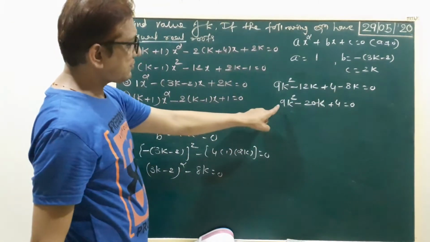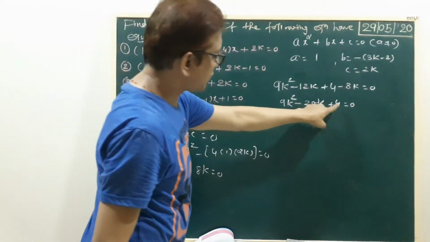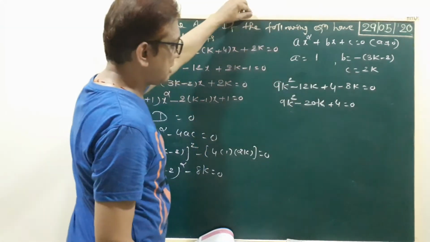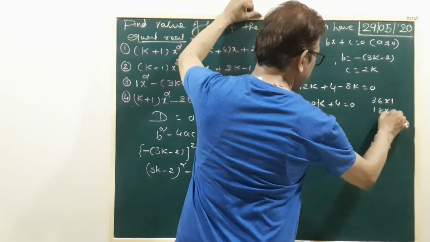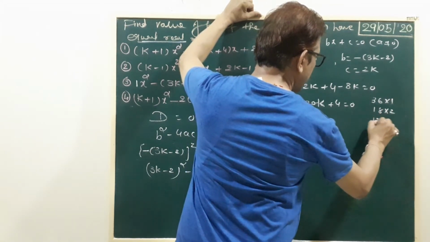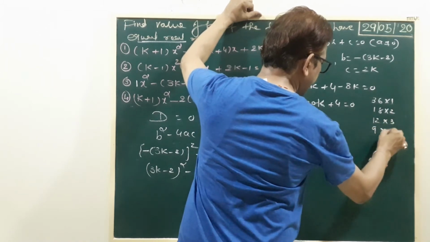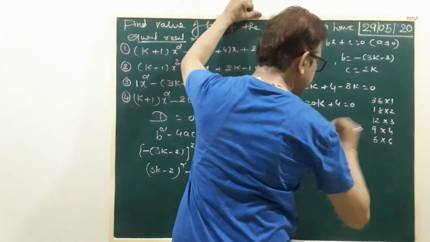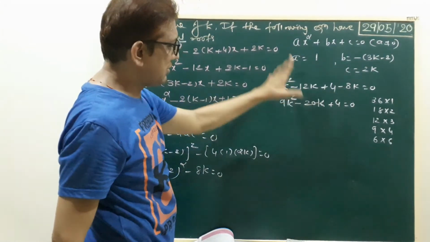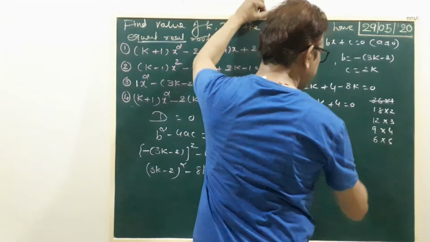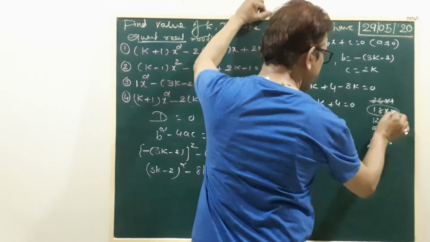Here, 9, first we multiply these two numbers: 9 4s are 36. Splitting 36: 36 1s are 36, 18 2s are 36, 12 3s are 36, 9 4s are 36, 6 6s are 36. Here the last term is positive, so the sum of these two factors gives the middle term. 36 plus 1, 37, not possible. 18 plus 2, 20, is possible.